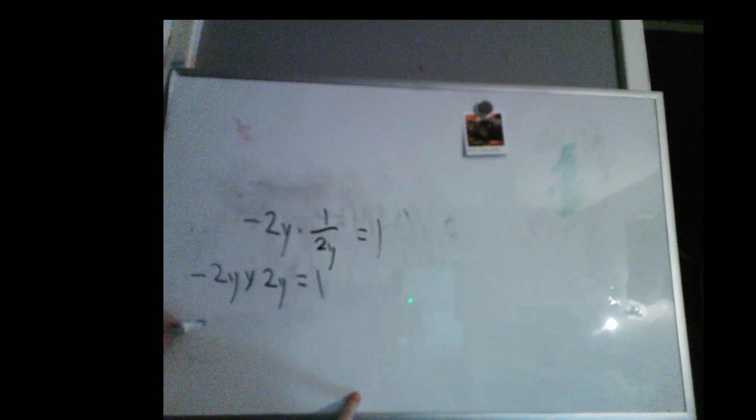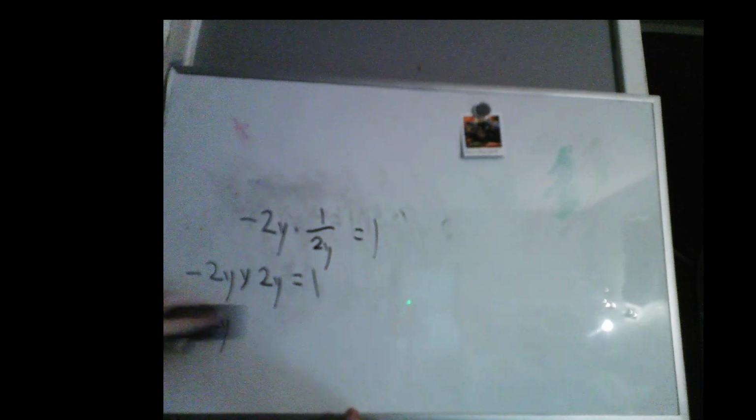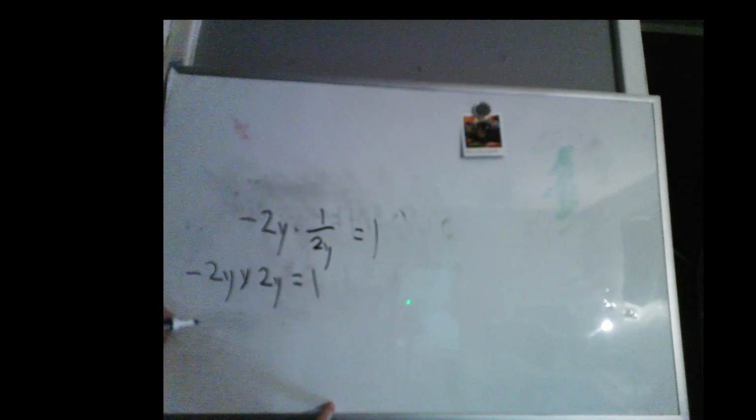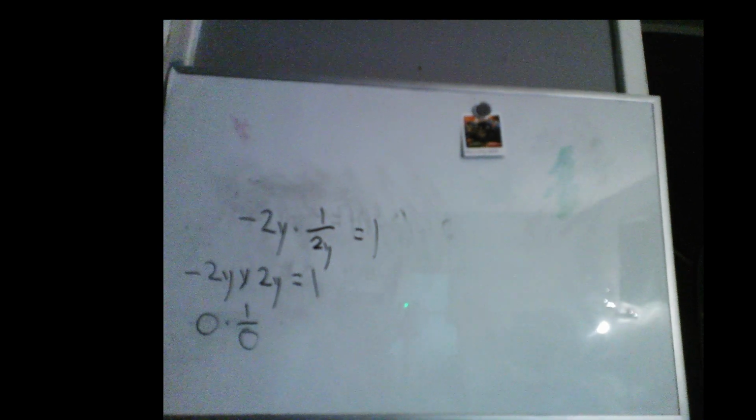That leaves the denominator. If we try to plug in 0 for 2y, we get 0 times 1 over 0. Anything over 0 is undefined, so therefore you can't multiply that by 0.